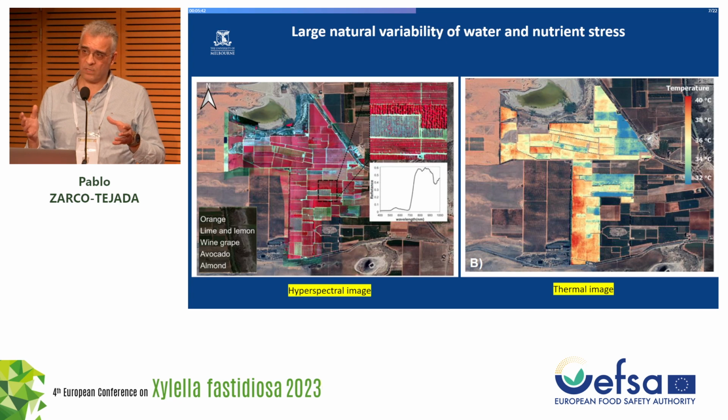The variability we're seeing there is not due to biotic-induced conditions. It is due to the fact that the irrigation system is not uniform, the soil properties are different, the infiltration levels are also different across the orchard, and the engineering system is not perfect in terms of uniformity and management practices as well.